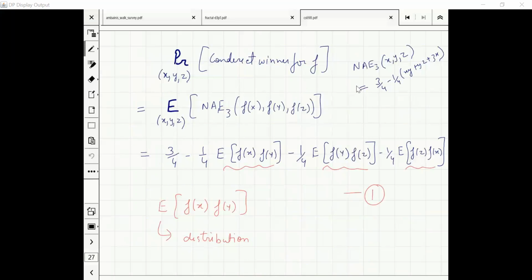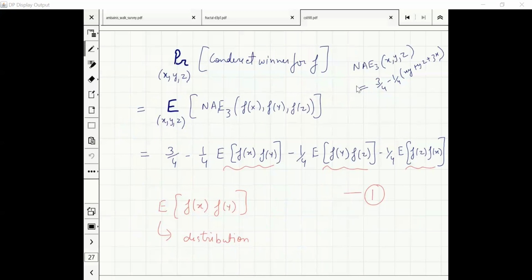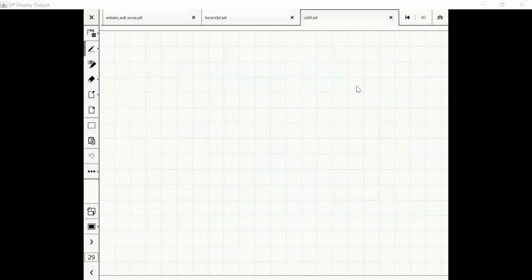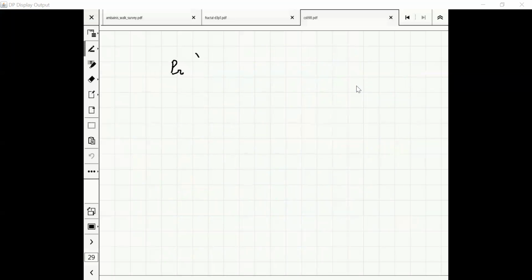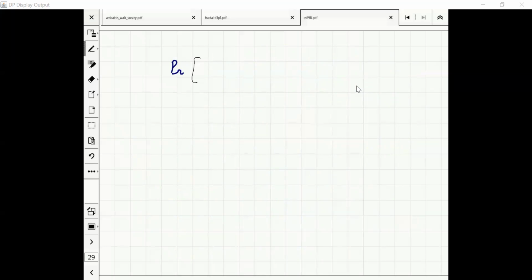So this was the important point: the distribution we came up with, the satisfying inputs of NAE3, are rho correlated with rho equal to -1/3. Now, remember this equation 1. This tells us that the quantity we were interested in, the probability of a Condorcet winner for f.